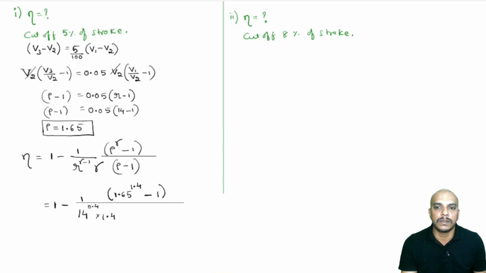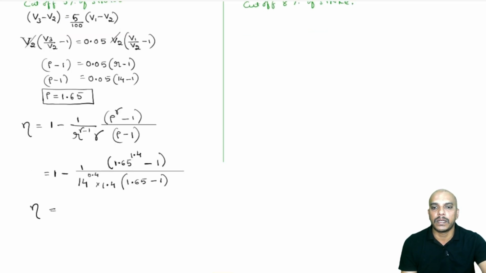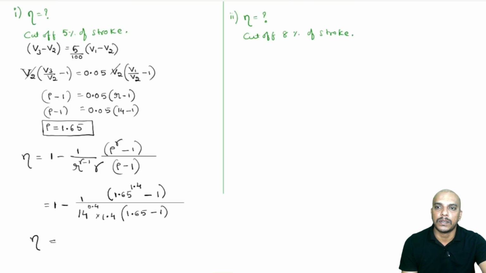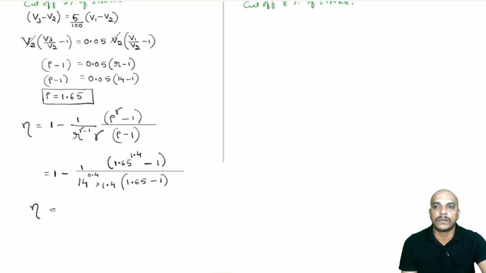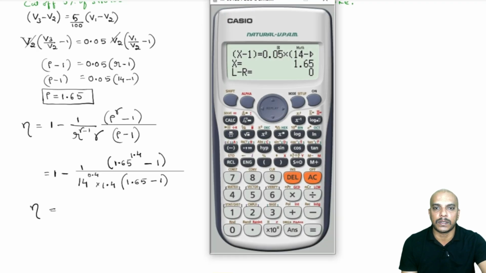That answer has to be subtracted by 1. Now, rho minus 1, now rho is 1.65 minus 1. So, this must give us the efficiency for a cutoff ratio of 1.65 and compression ratio of 14, and cutoff is 5% of the stroke. That is what is important for us.